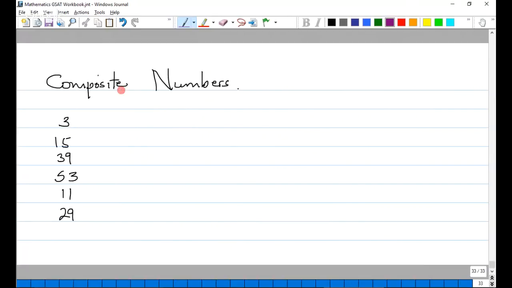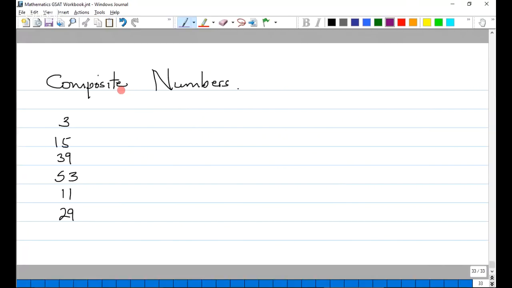Let's look at composite numbers now, at the bottom of the page. A composite number is a number that can be expressed as the product of 2 or more factors besides 1 itself and 1. So it has how many?